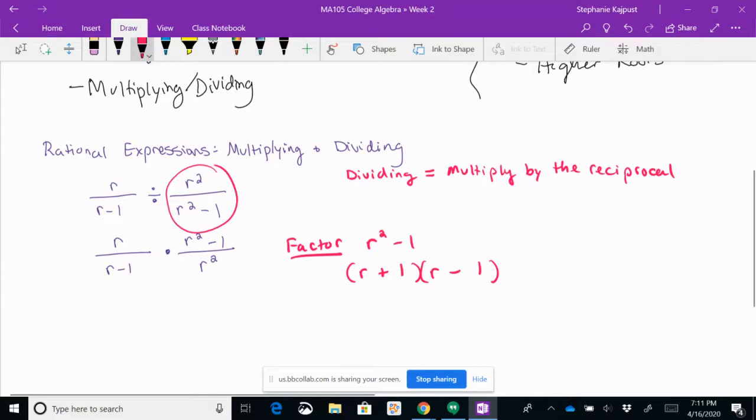Then on the denominator, the r squared, we can't factor. So we're going to rewrite this.